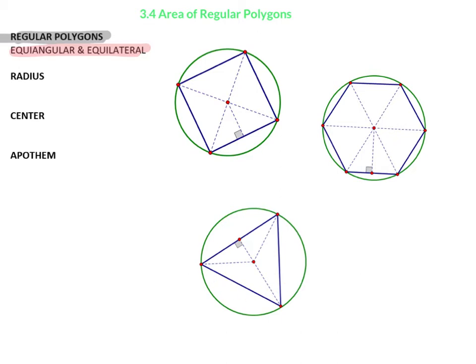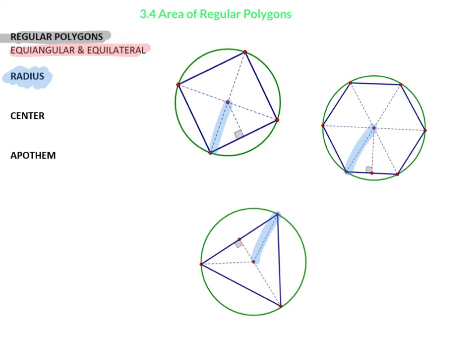Now, because of that, I'm going to introduce some words that deal with circles, but now we'll deal with polygons. For instance, a radius. The radius of the circle in all of these cases is this little blue guy here. And there are other radiuses there, but all of those would be classified as radii.